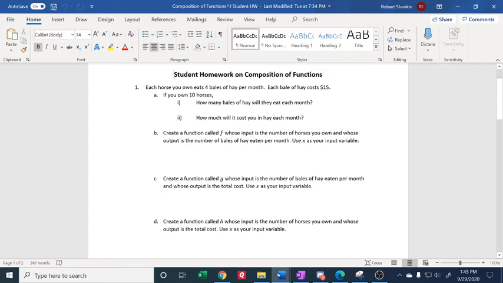A horse eats 4 bales of hay per month. Each bale of hay costs $15. Okay, and then when we get to D, create a function h of x, whose input is the number of horses you own, and output is the total cost. Use x as your input variable.